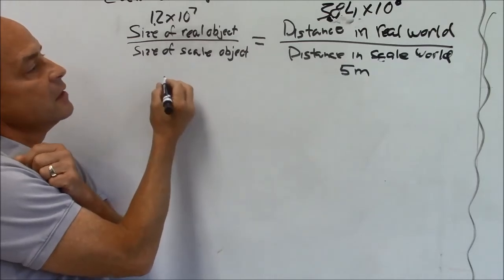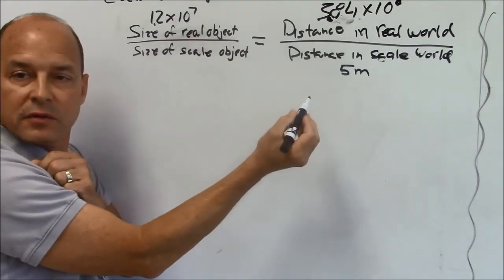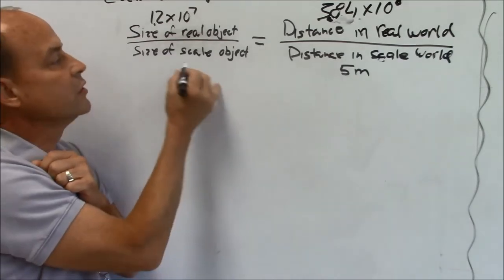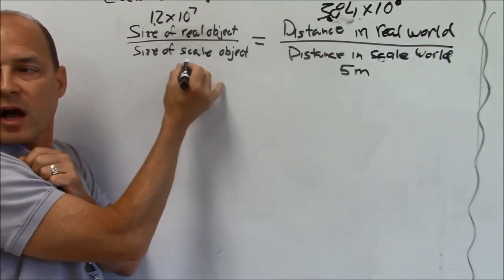All right, oh, look at this. We've got 3 out of 4 that we already know. We don't know what the maximum size of our object is.